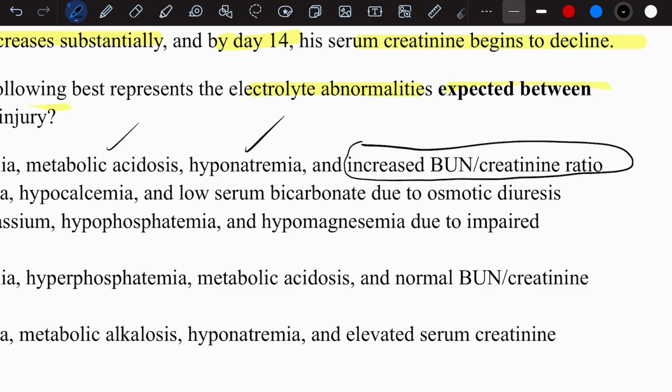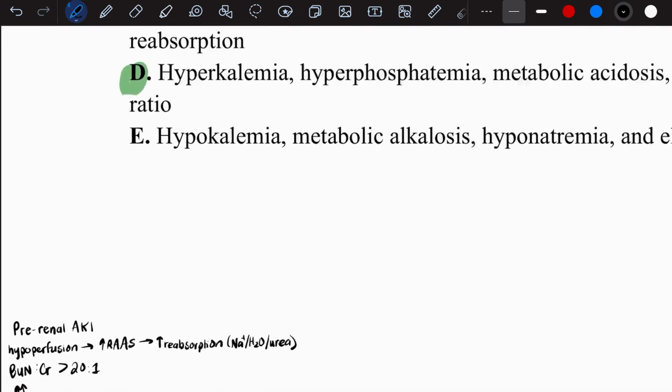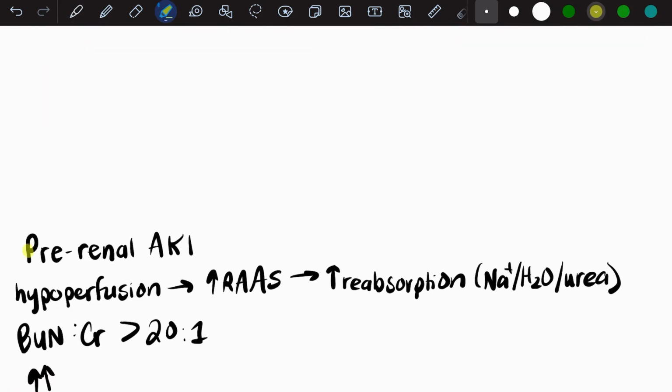So increased BUN creatinine ratio is actually seen in pre-renal acute kidney injury. So let's say there is some kind of heart failure and the kidney has lower blood flow. And so there's hypoperfusion, activation of RAS. And what happens is there's nothing wrong with the actual kidney and its absorptive capacity.